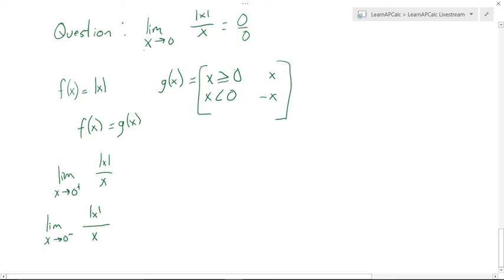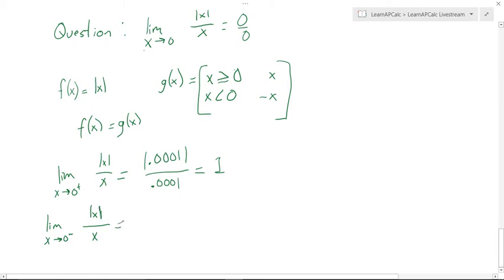So here, limit as x approaches 0 from the right. Let's plug in numbers that are very, very small but positive, so right of 0. So here if I say 0.0001 all over 0.0001, I just simply get 1. I'm just dividing by myself.